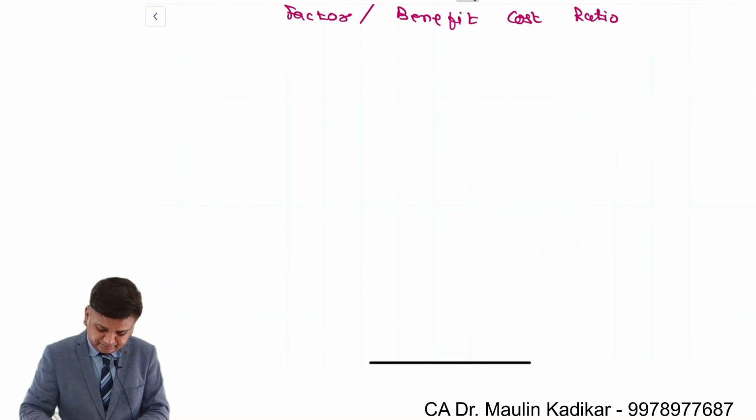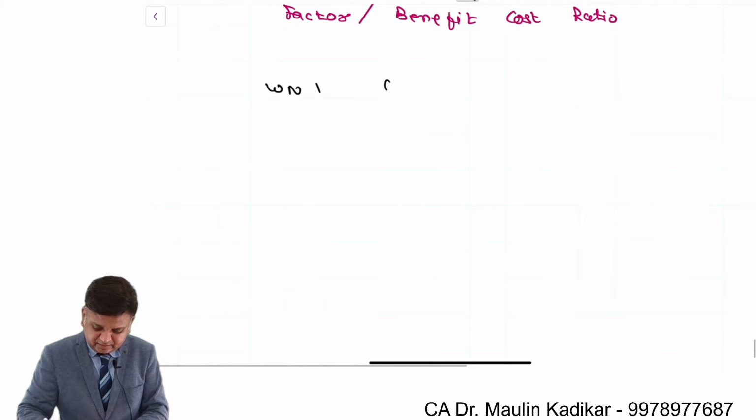Under that, write down working note number 1, calculation of present value of cash inflow.